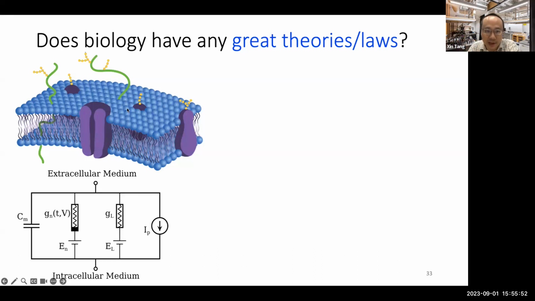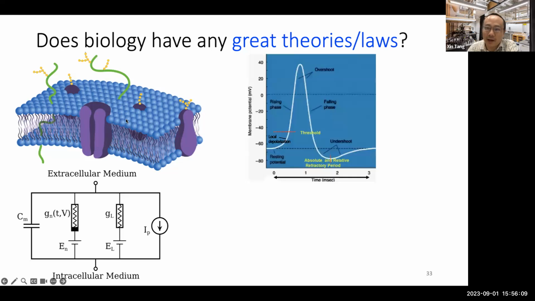So the electrical voltage on the membrane can vary. That is also not surprising. What is surprising is that whenever this membrane starts to change, it follows a unique and universal trend. It goes up first, goes down second, and then becomes static.